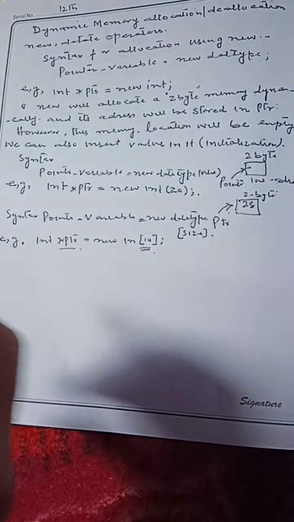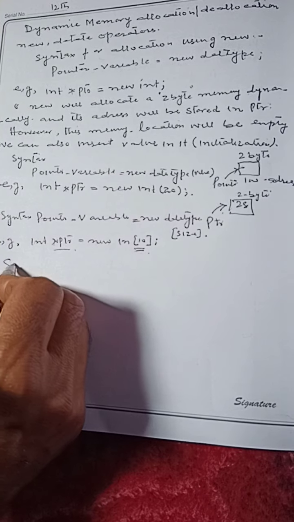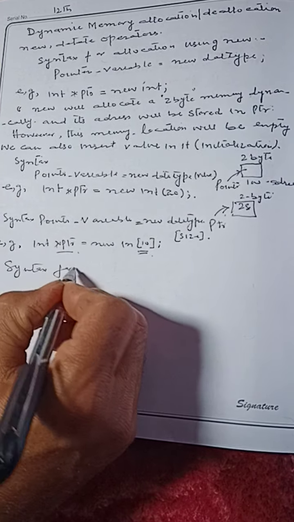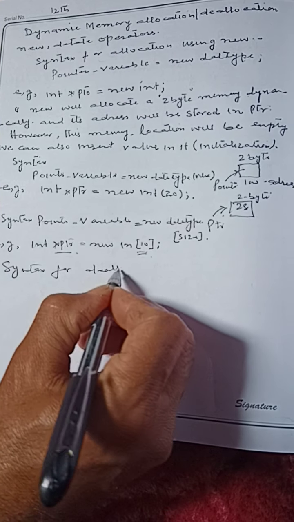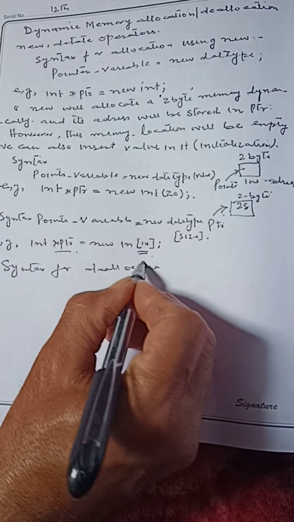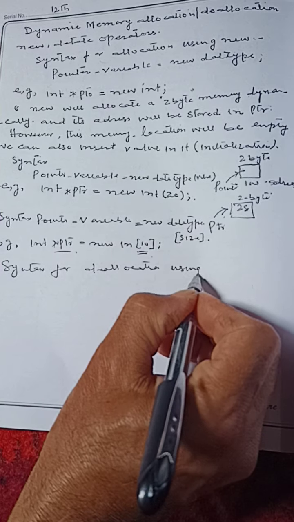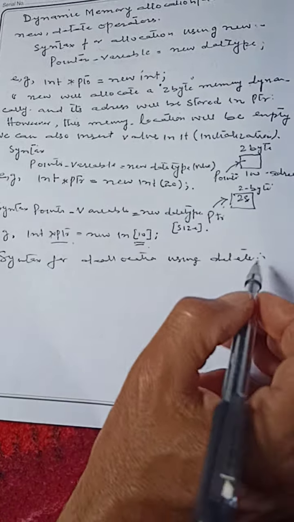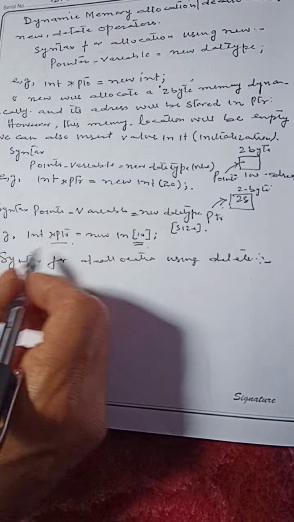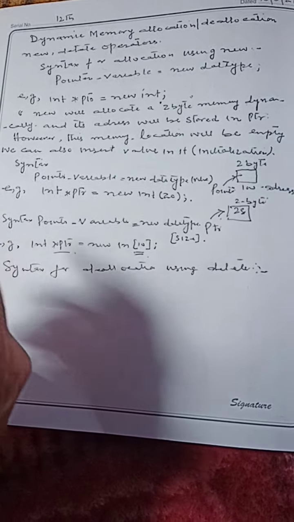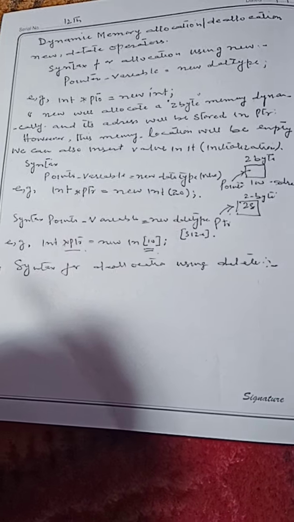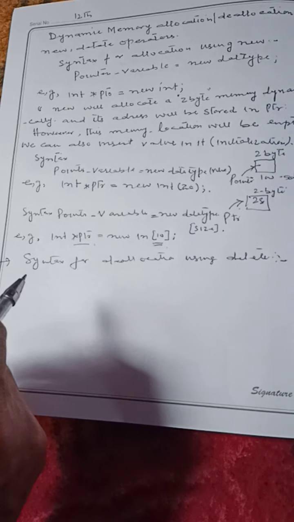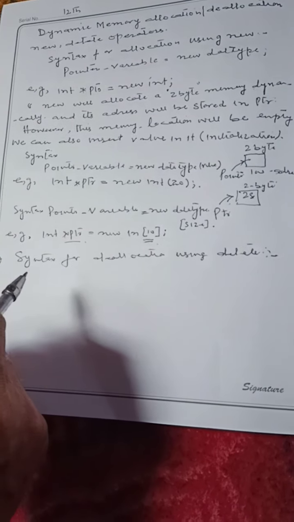Syntax for deallocation using delete. When its data object is no longer needed, it is destroyed to release the memory for reuse.